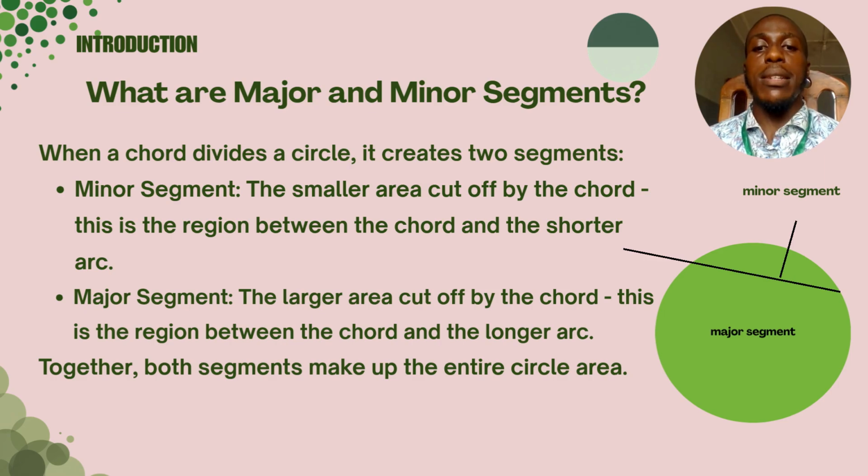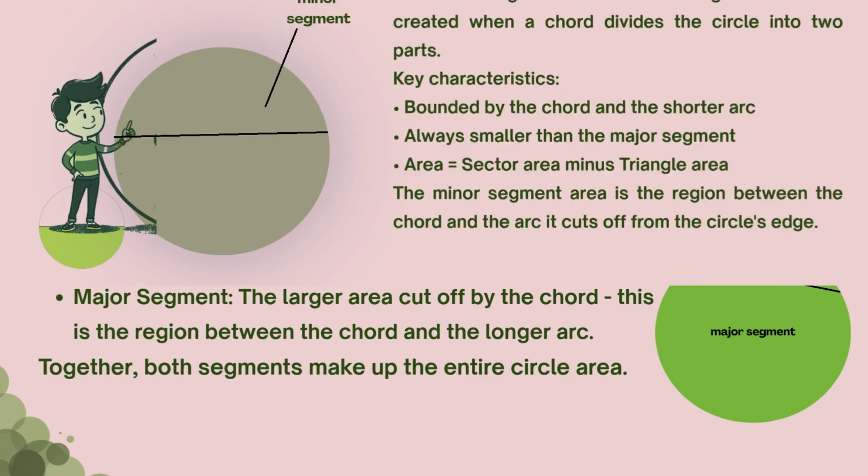The major segment is the larger area cut off by the chord, the region between the chord and the larger arc. Now, when you bring them together, the combination of the minor segment and the major segment becomes the entire circle again. So let us now move briefly into talking about the minor segments.